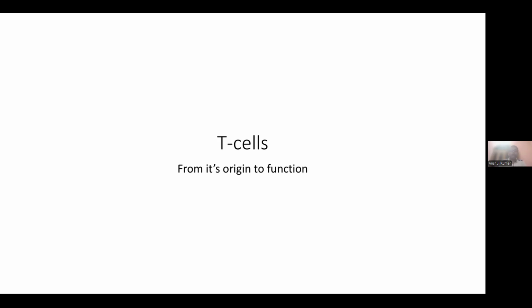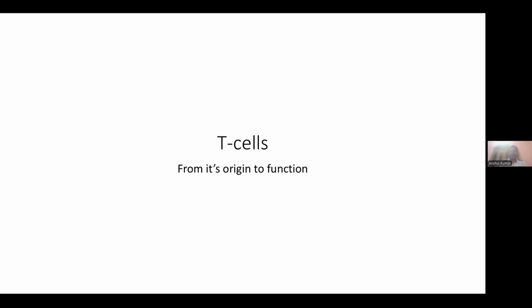And it is divided into two types, that is myeloid stem cells and lymphoid stem cells. All the cells except the lymphocytes originate from the myeloid stem cells, and the lymphocytes originate from lymphoid stem cells.